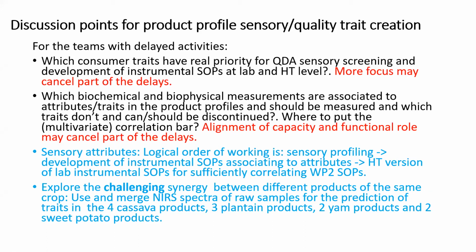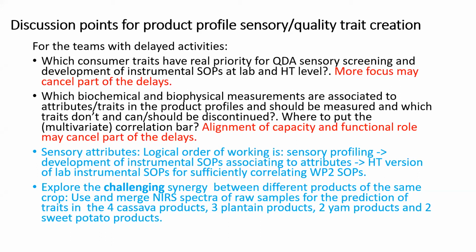Because if you work on the real priority traits, you get more focus and you may cancel part of the delays. So probably it's time to reconsider the focus in those programs and only give attention and effort to those top priority traits. The same is true for the biochemical and biophysical measurements.